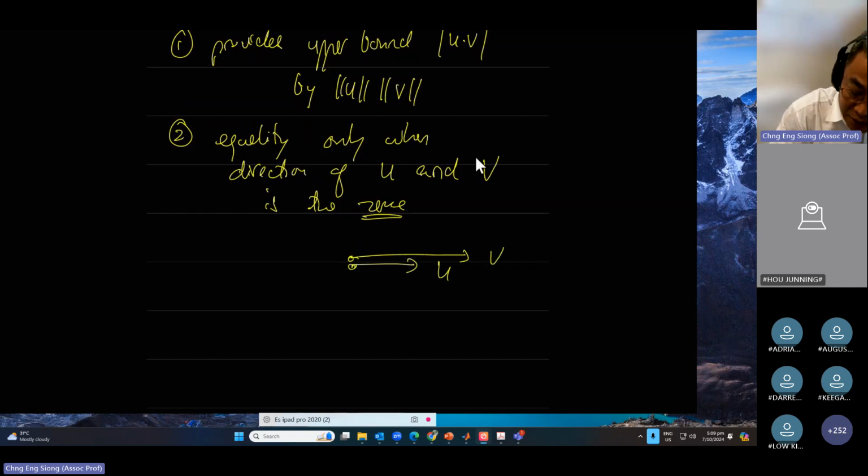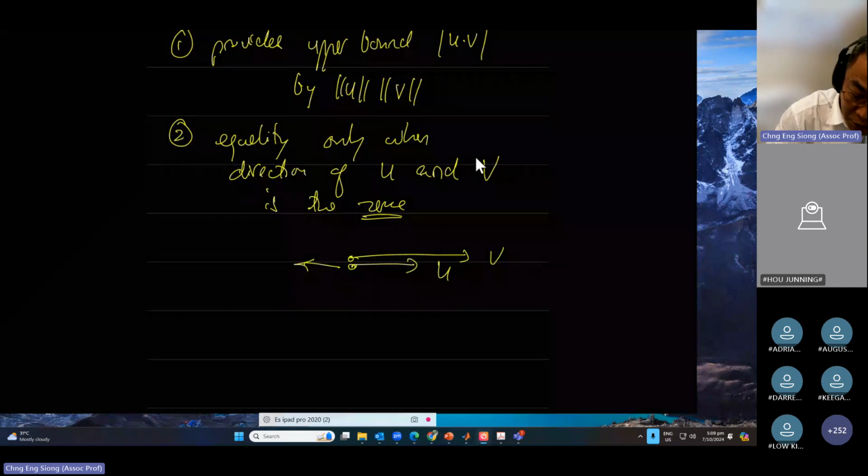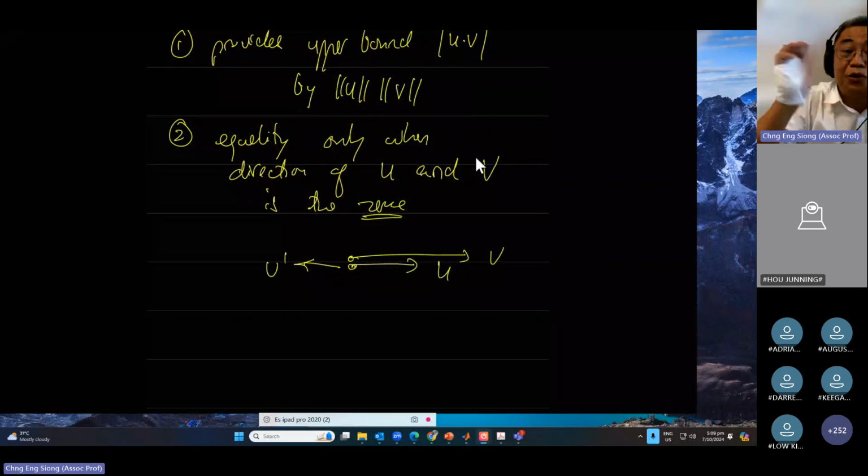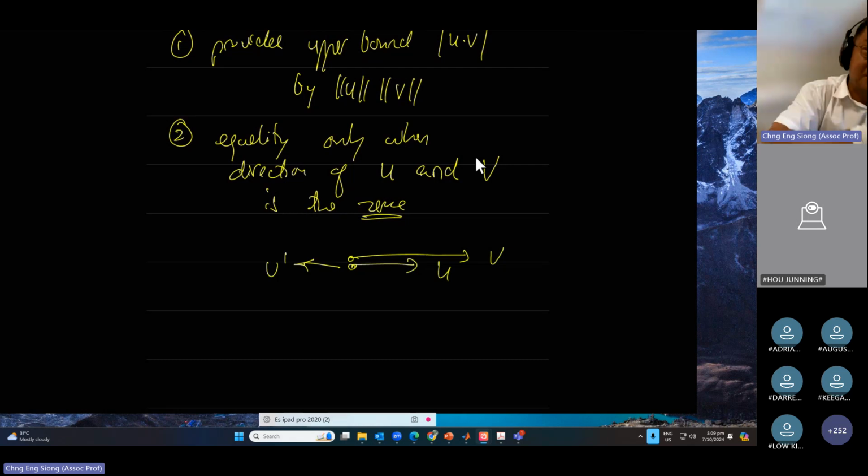Now, pointing in the opposite direction is also the same direction, since the opposite direction is negative 1 times the original direction. So when we talk about the same direction, we include the opposite direction. So please be careful here.